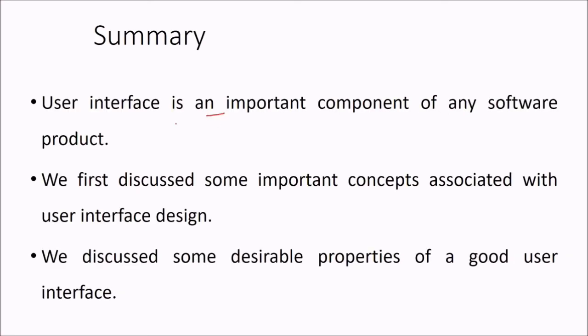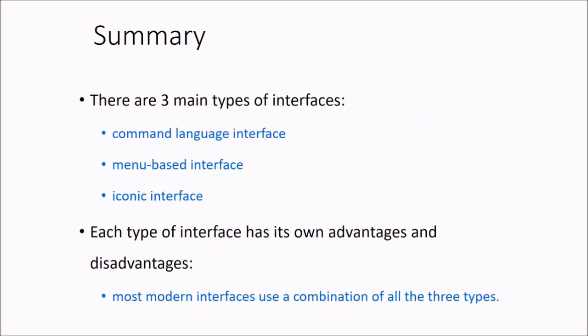What we have seen today is that the user interface is an important component of any software product. We first discussed some important aspects associated with interface design, and we also discussed desirable properties of a good user interface. There are three types of interface we have discussed at length: command language interface, menu-based interface, and then iconic interface.